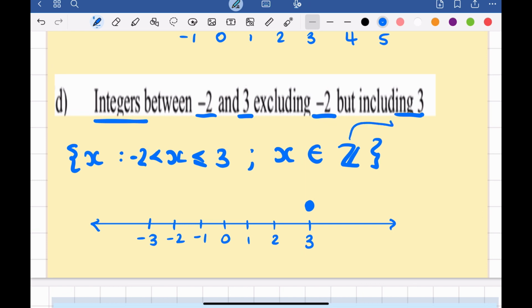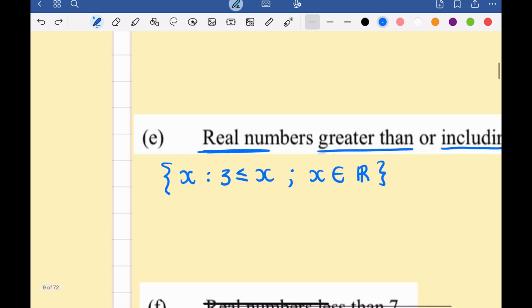Once again, we're working with integers, which means that we are going to use dots. And 2 is going to be included, 1 is going to be included, 0 is included, -1, but -2 is not included because it's just bigger than. So the first integer after -2 is -1. That's why that receives the first dot. Okay, now we're going up.